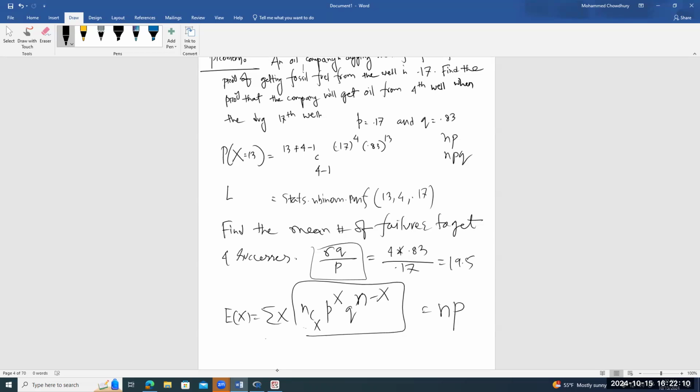So what do you want to see when we answer that question? This one, because you can say 19 or 20. It is 19.5, so you can say either 19 or 20.